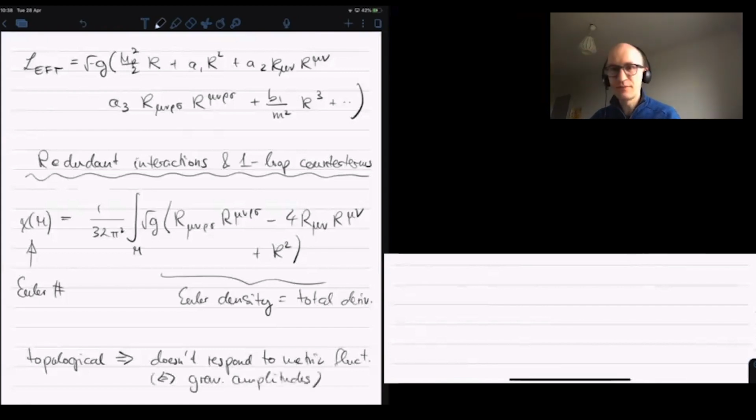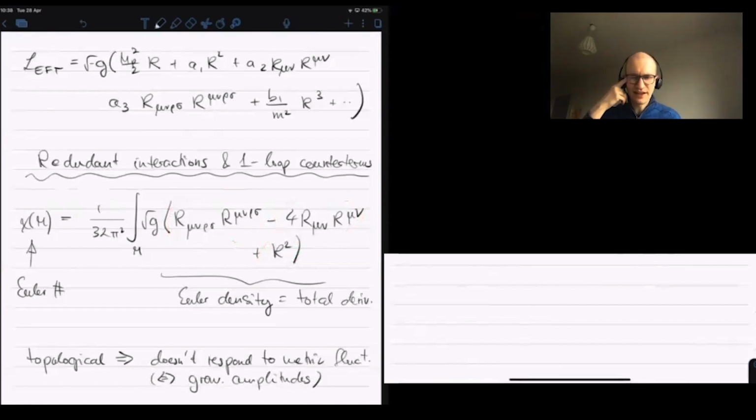So what that means in practice is that, just for convenience, I can add the Gauss-Bonnet term with any coefficient I want to my Lagrangian, and I don't change the amplitudes for the gravitons. And so that means that I can shift the coefficient of this or of this or of this to 0, right? That will shift a little bit the coefficients of the remaining terms, but that's not so important.